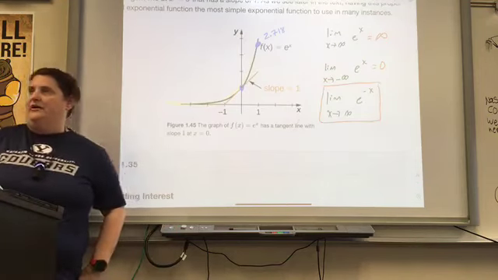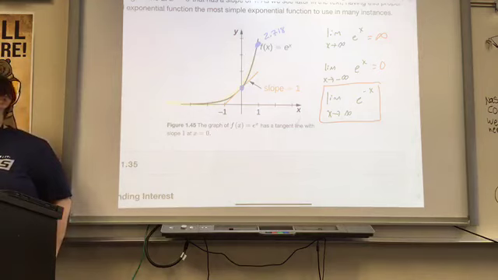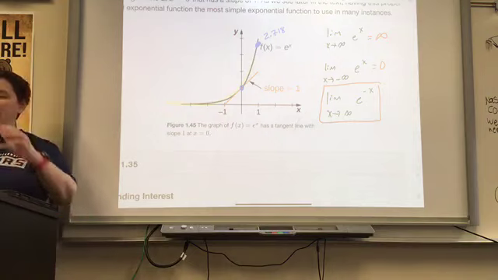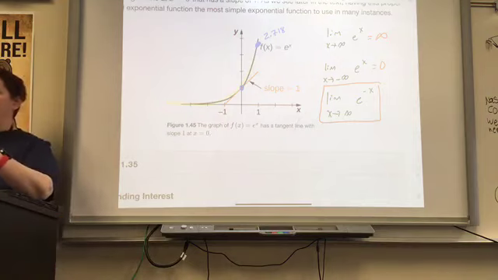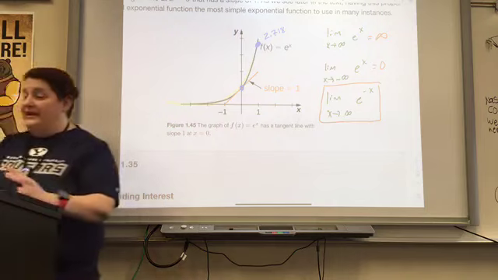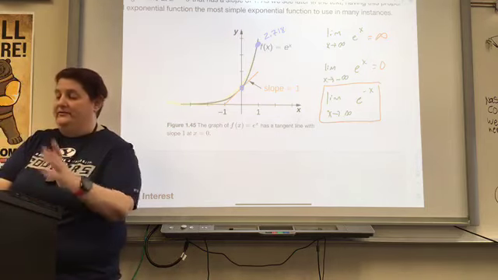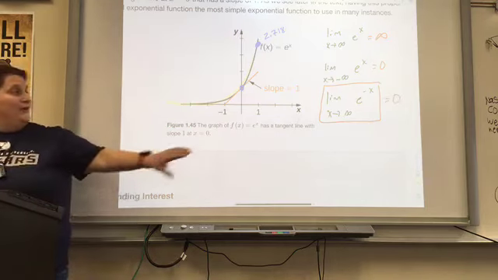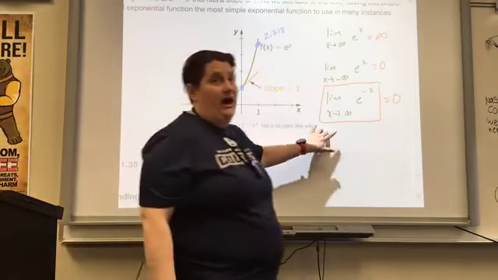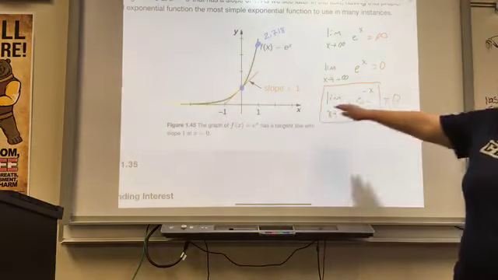I've seen that very recently in BC, the problems with the carrying capacity. Remember, because it's e to the negative kt. And if it goes to infinity, what's e to the negative infinity? 0. So we use that idea a ton, and it comes directly off this graph.